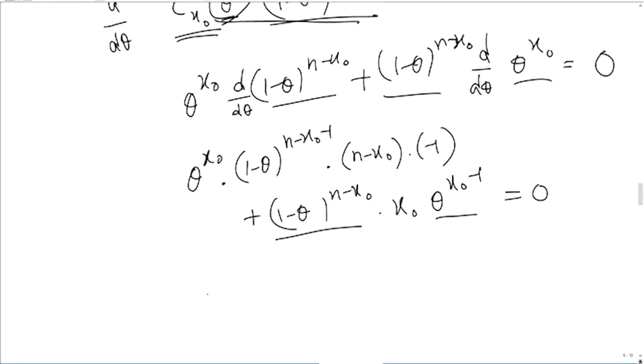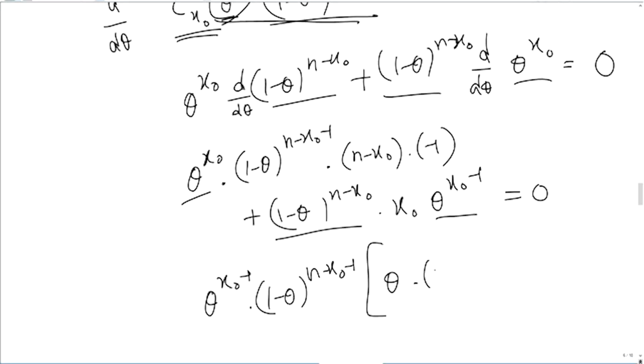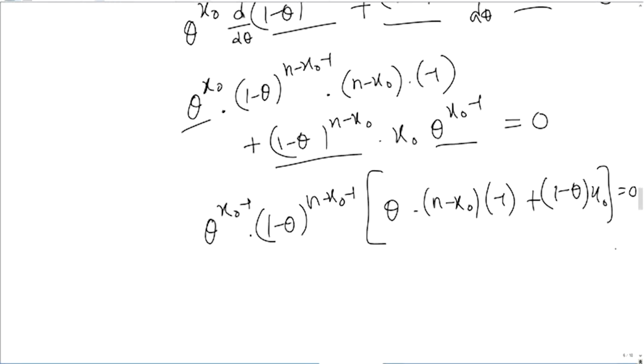I am taking out whatever is common in both these quantities, theta to the power x naught minus 1 into 1 minus theta to the power n minus x naught minus 1, and what is left inside is theta into n minus x naught into minus 1, plus 1 minus theta into x naught, and this equals 0. So either this equals 0 or this equals 0.